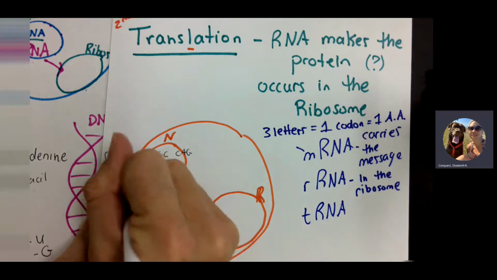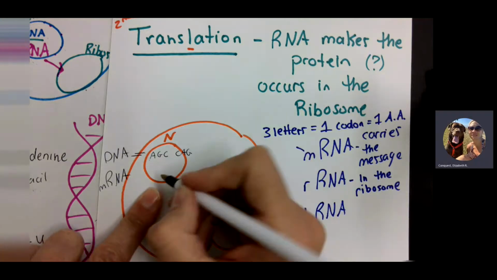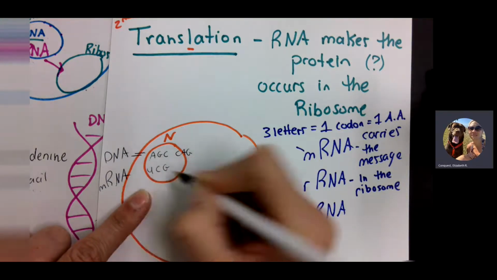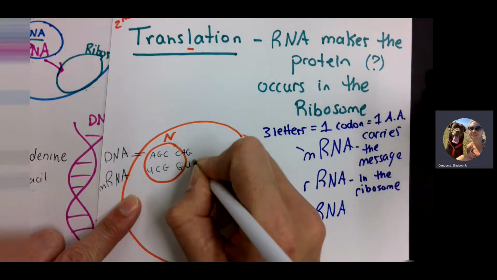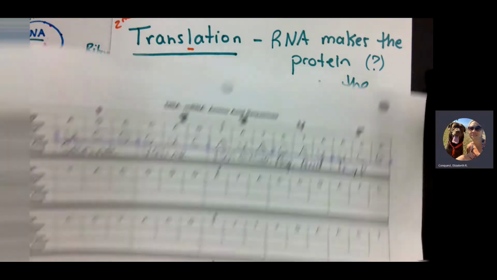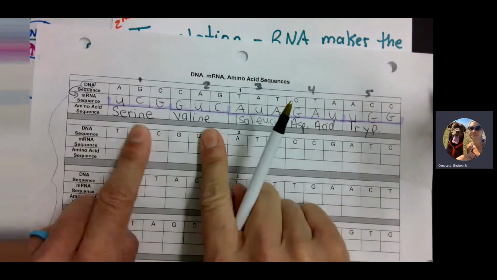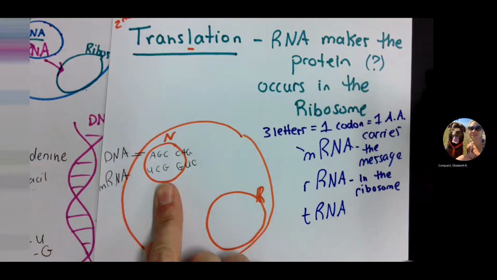When it turned into messenger RNA, it was then UCG and GUC, okay? And really, I'm just taking these first 2, and I'm not changing them. So I'm using them again as an example.